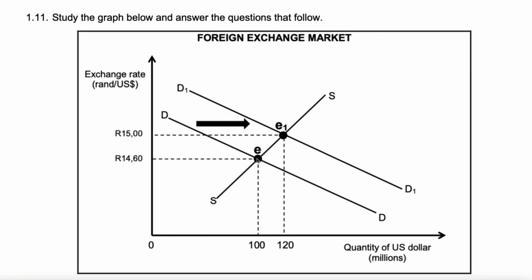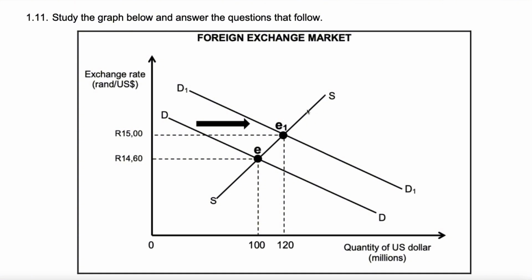Okay, now, in the previous graph that we discussed, we saw a decrease in supply and an increase in supply, and we explored factors that could cause that to happen. If I just take you back a bit, since this is a market for dollars and rands, this will be the supply of foreign currency.